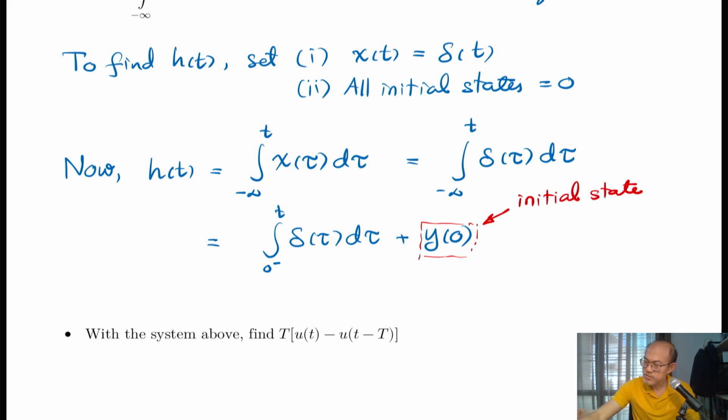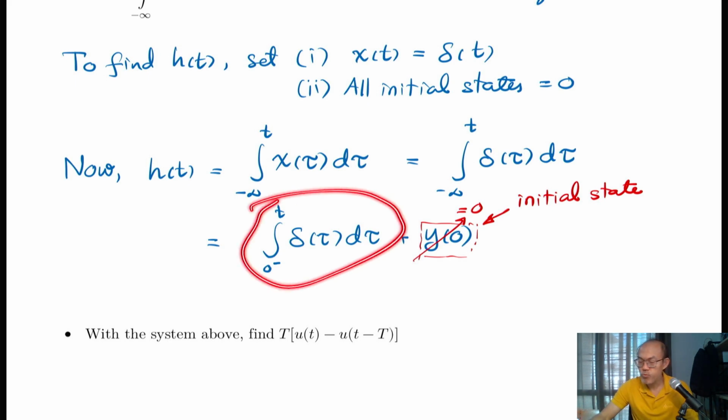So this is set to 0. And then we remember that this integral is just u(t), because this is 1 when t is greater than 0.